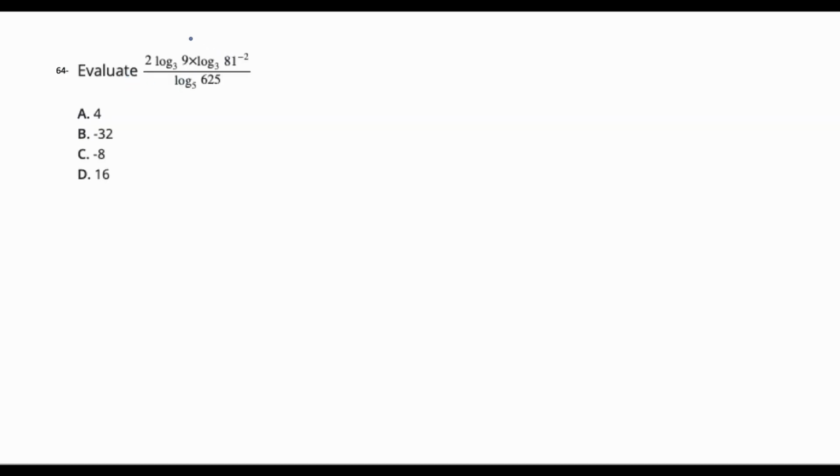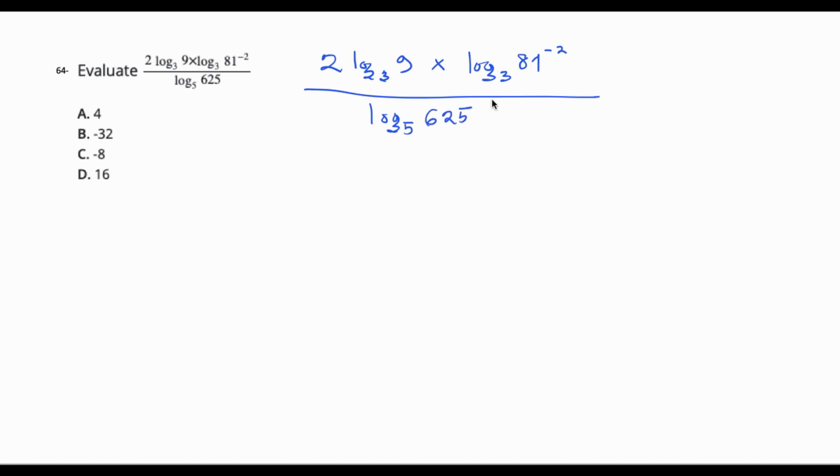64 says we should evaluate this expression here. So the expression we have is 2 log to base 3 of 9 multiplied by log to the base 3 of 81 raised to power minus 2, divided by log to the base 5 of 625. So the first thing we should attempt to do is simplify these huge numbers here.